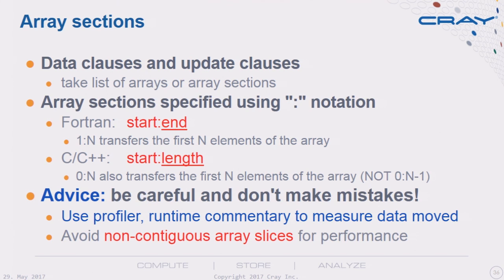Also keep in mind that from a performance point of view it's usually much more efficient to have contiguous memory parts, so array slices. Non-contiguous array slices usually drastically reduce the performance.